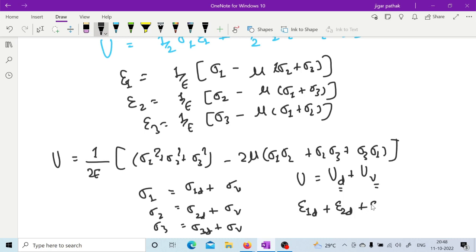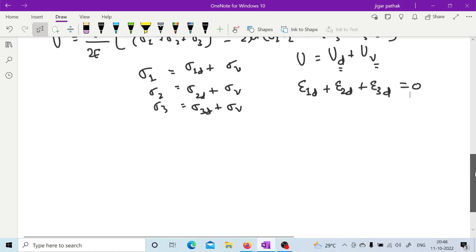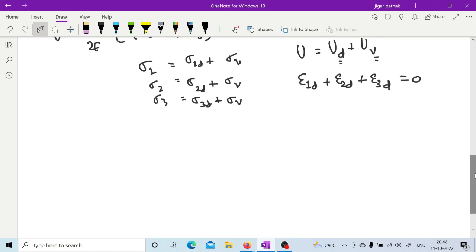So E1D, E2D and E3D will be 0 because it is not going to make any change in volume. If there is no change in volume, then volume constancy is there, so E1D, E2D and E3D will give 0.